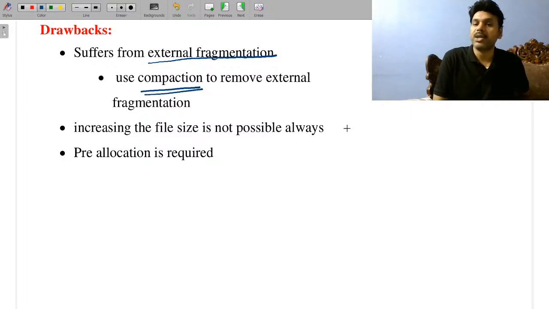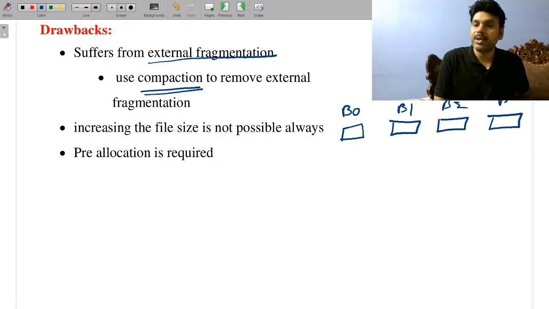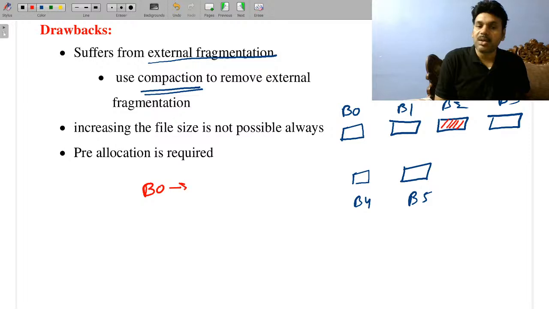There is a need of compaction. Friends, please observe that grid structure: B0, B1, B2, B3, B4 and one more, B5. I said this block is busy. When this block is busy and I need 4 consecutive blocks from B0, B0 is your starting block.